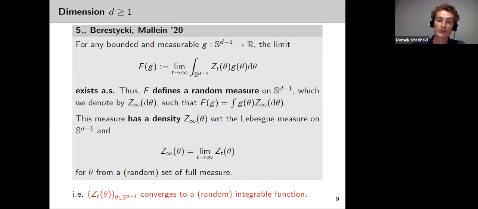What is more, this limiting random measure has a density with respect to the Lebesgue measure, and this density is actually given by a pointwise limit of the derivative martingale for almost all thetas. So to put it simply, we proved that the derivative martingale, seen as a process on the sphere, converges to a random integrable function.